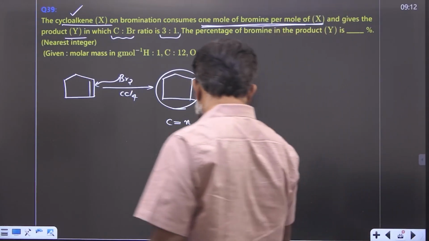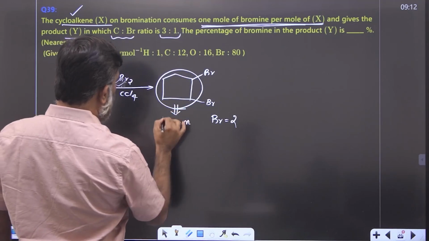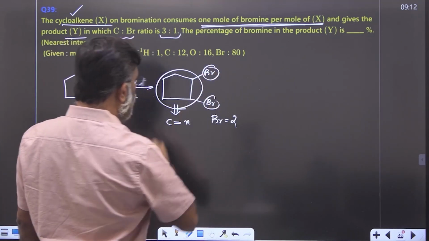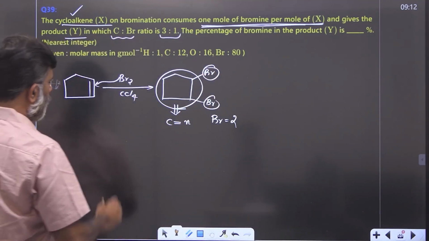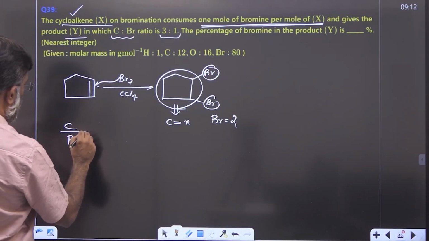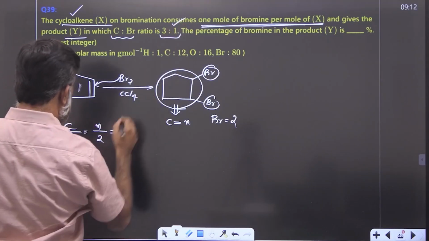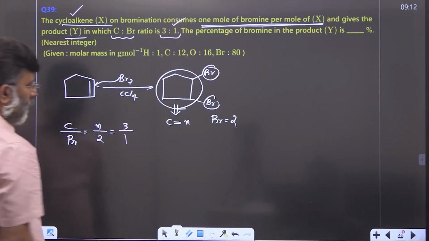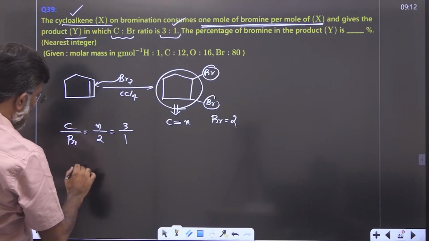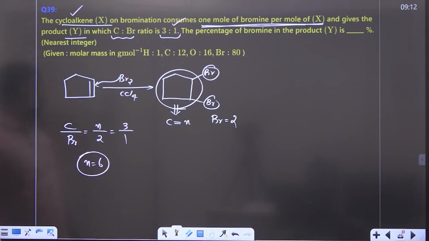So what you can take is the number of carbons by the number of bromine equals n by 2, equal to a 3:1 ratio. So you can get what n is. So n equals 6, right?